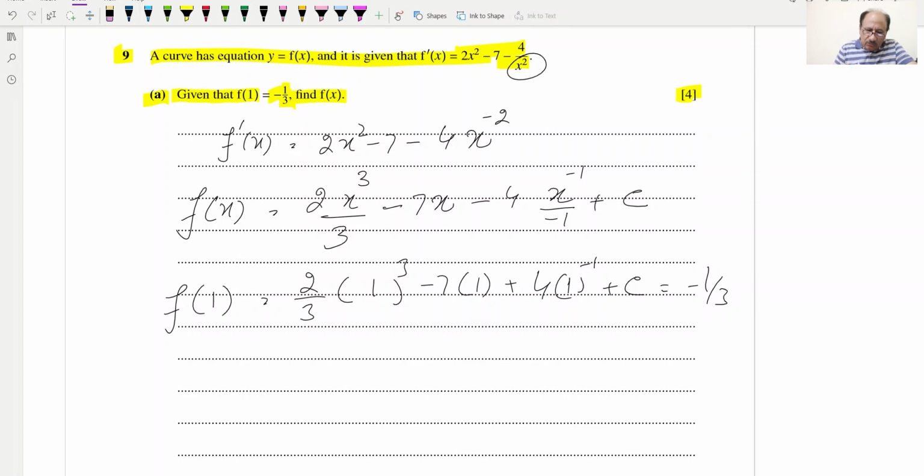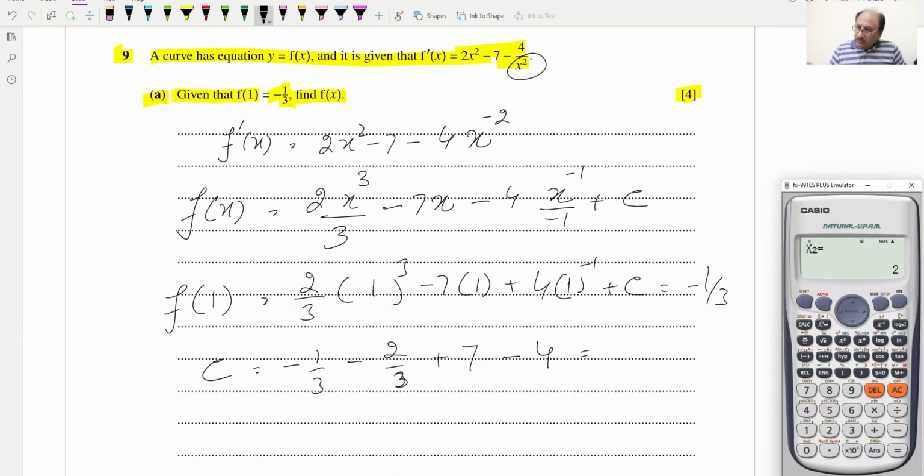So we can now simplify. The c value will be equal to what? This will be minus 1 by 3 and minus 2 by 3 and plus 7 and minus 4.